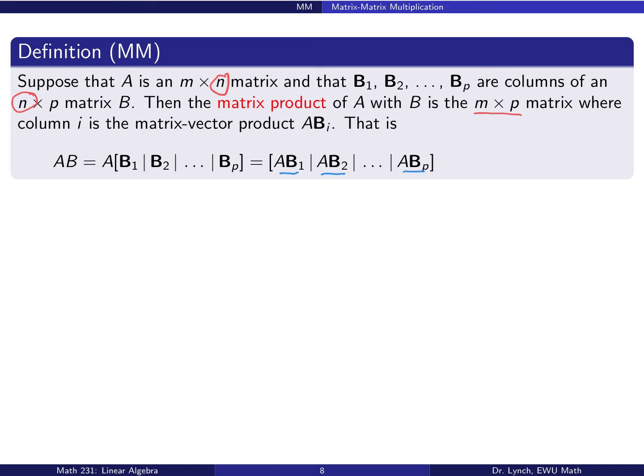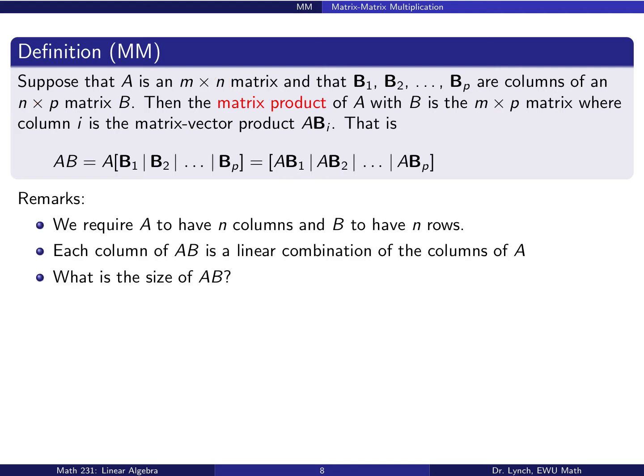The first column of the product is AB1, the second column is AB2, and so on and so forth, to the pth column, A times Bp. So it must be that A has n columns and B has n rows for this to be well defined.